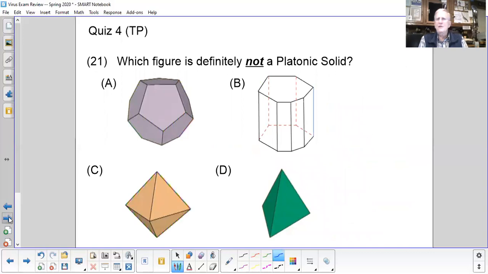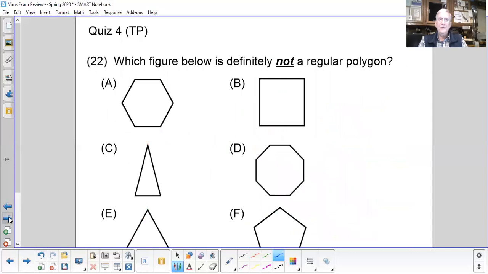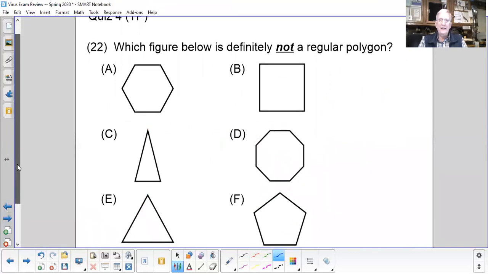21, which figure is definitely not a Platonic solid? Well, I think you can see it's B. Which figure below is definitely not a regular polygon?